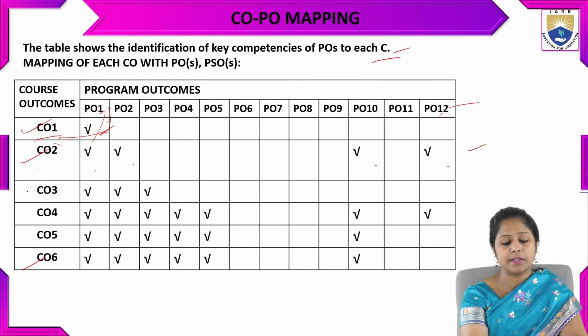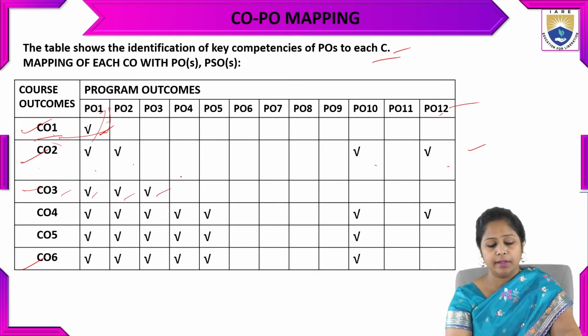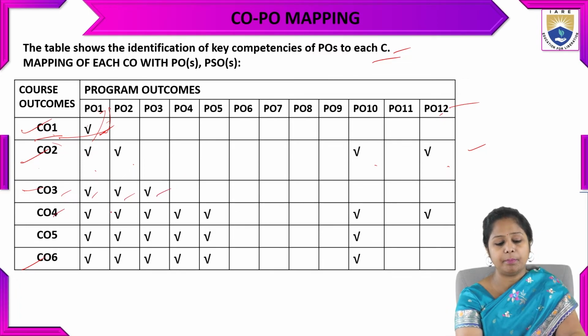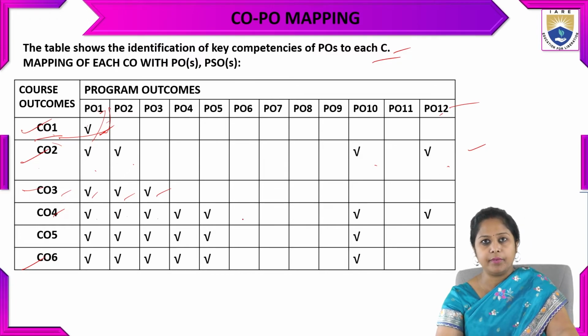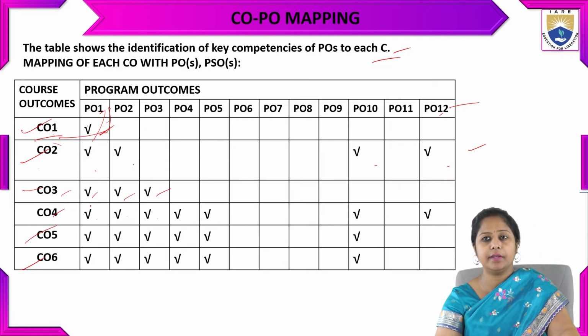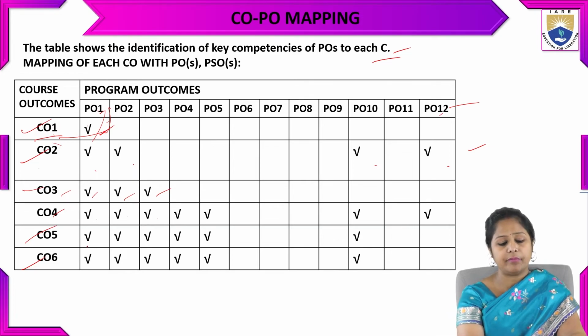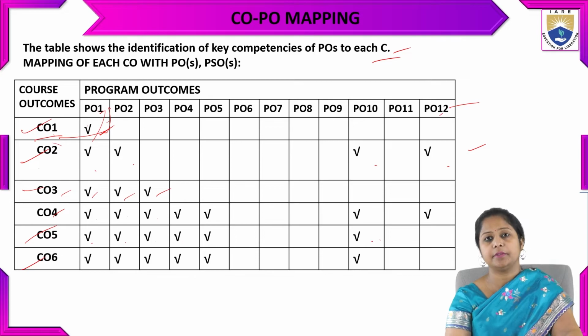So the CO3 will be mapped with the PO1, PO2 and PO3. The CO4 will be mapped with PO1, 2, 3, 4, 5, 10 and 12 on the basis of competencies. The CO5 is going to map with PO1, PO2, 3, 4, 5, 10, right?